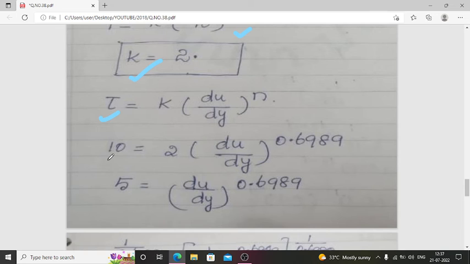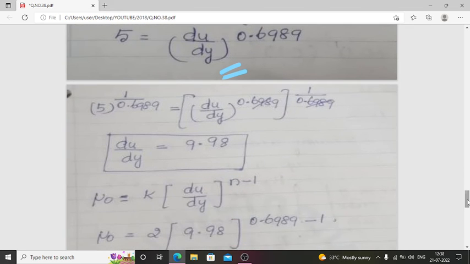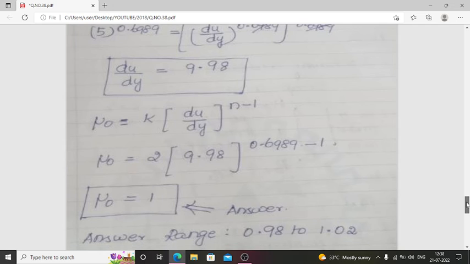So shear stress value is 10 Newton per meter square. The k and n values are calculated values, to determine the shear rate value. At this condition determine the shear rate. Shear rate means du by dy. After substituting these values, finally we get du by dy is equal to 9.98. Okay, so now we have the shear rate value for this condition.